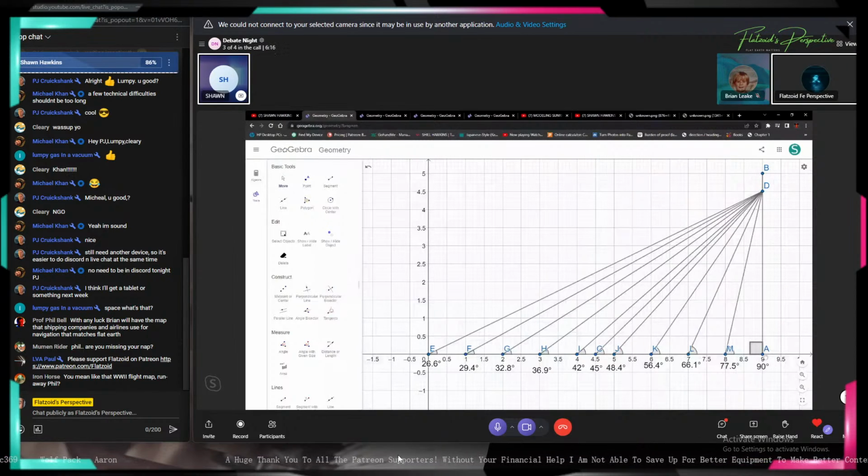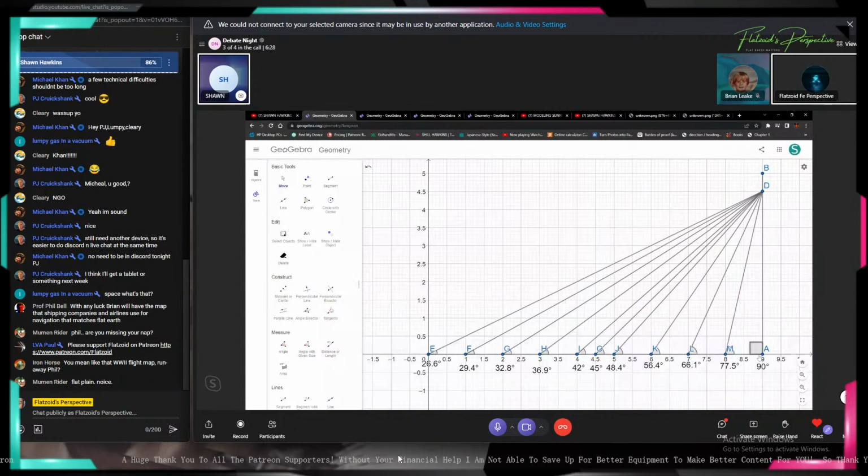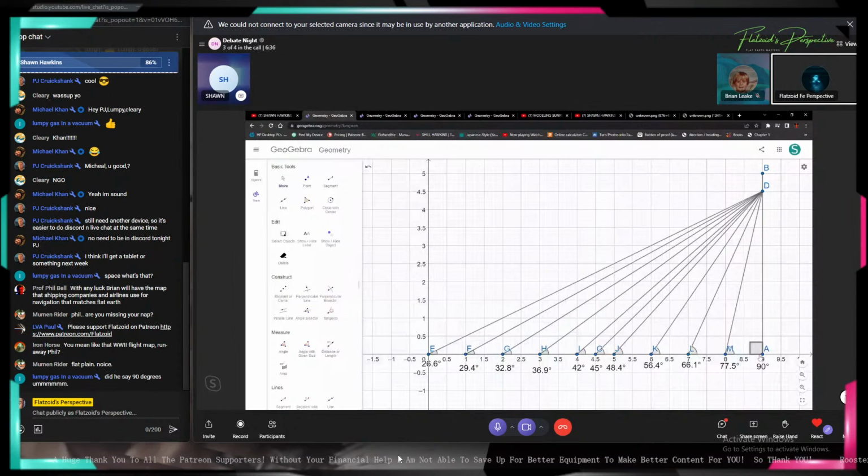So when I move 10 degrees out, the angle should match the number of latitude lines that I've moved. For instance, if you look at point M, it's at 80 degrees latitude.